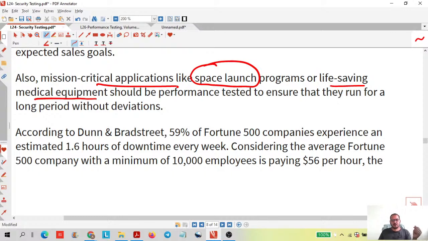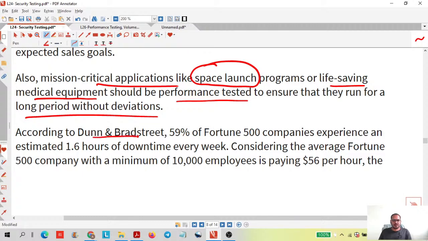Medical equipment should be performance tested to ensure that they run for a long period without any deviation. They should work for a long period, the medical equipment and all.